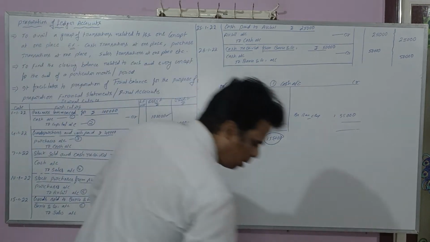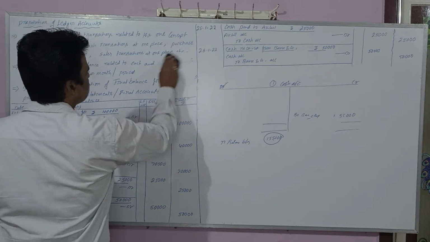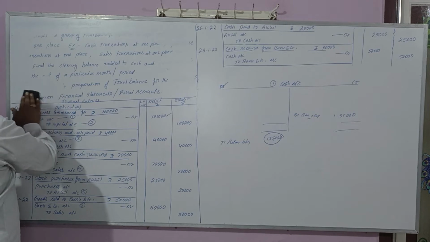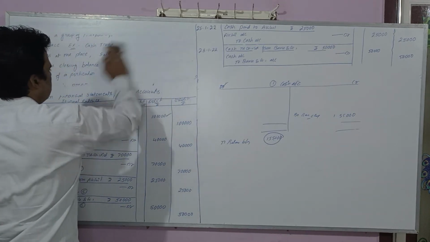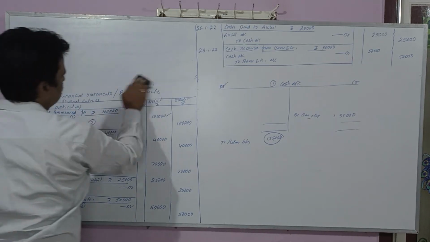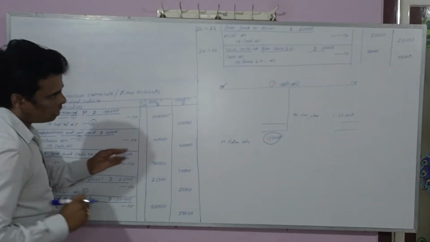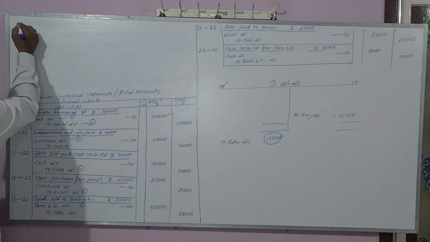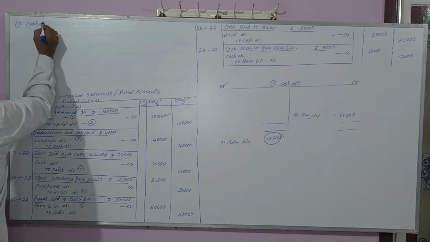So the complete account is the cash account, and its brought down amount is 1,55,000. The first account is completed.